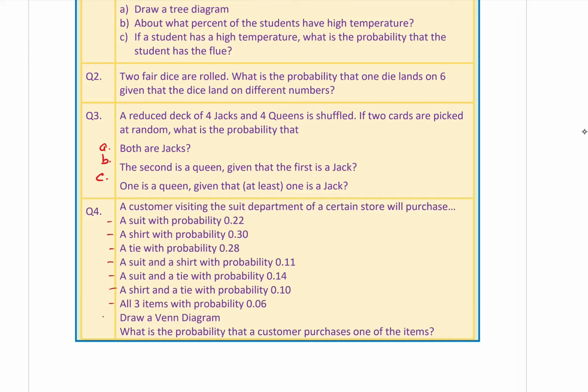And what you need to find is, first you need to draw the Venn diagram, and then what is the probability that a customer purchases one of these items.